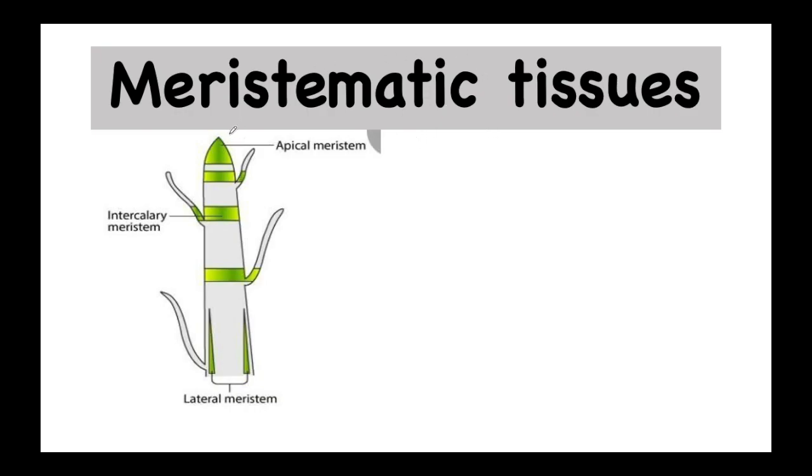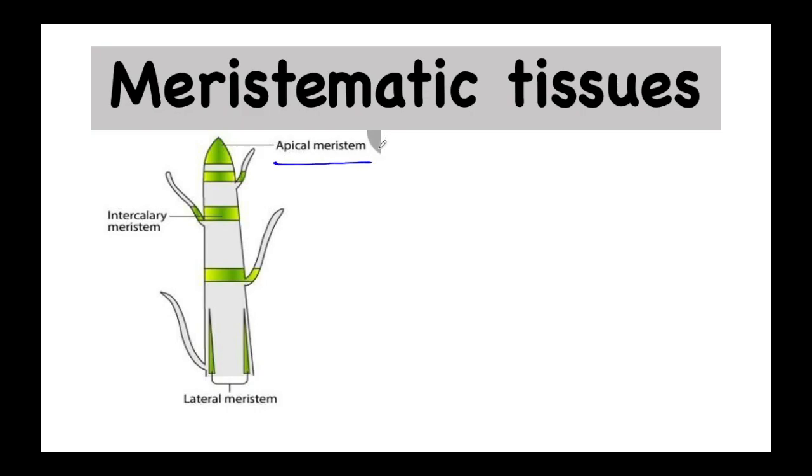Now, types of meristematic tissues. First, we are going to discuss meristematic tissues. Meristematic tissues are divided into three parts: apical meristematic tissues or simply apical meristem, intercalary meristematic tissues or simply intercalary meristem, and number three, lateral meristematic tissues or secondary meristematic tissues, or simply lateral or secondary meristem.